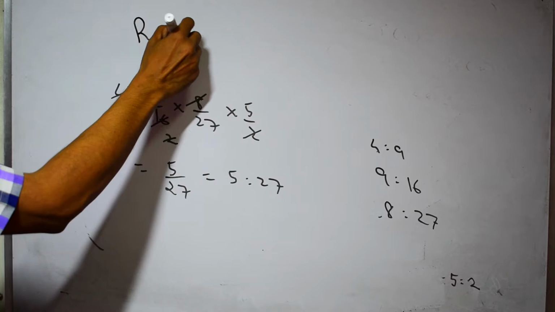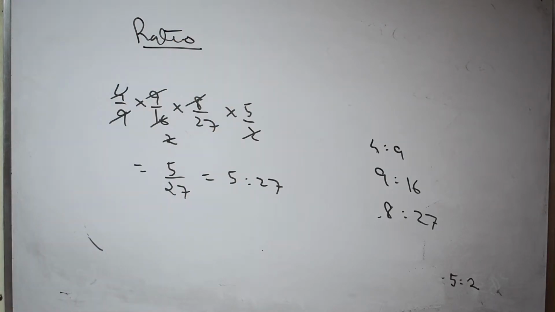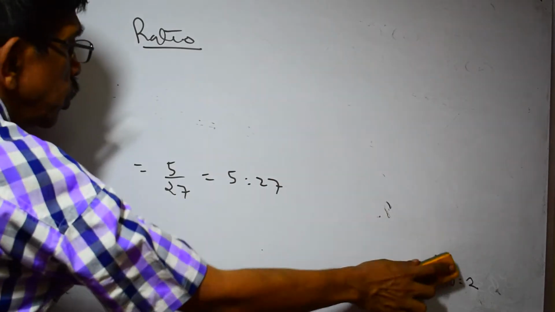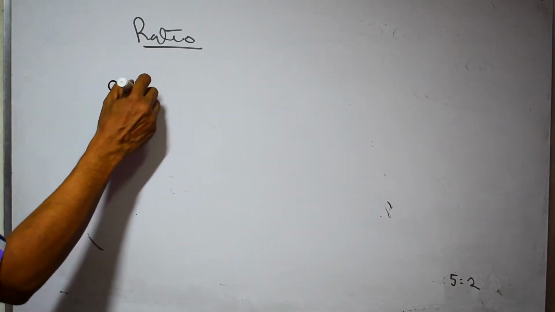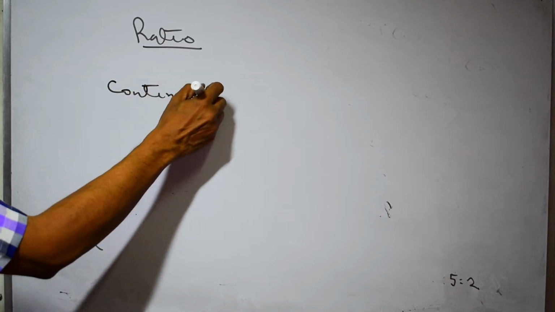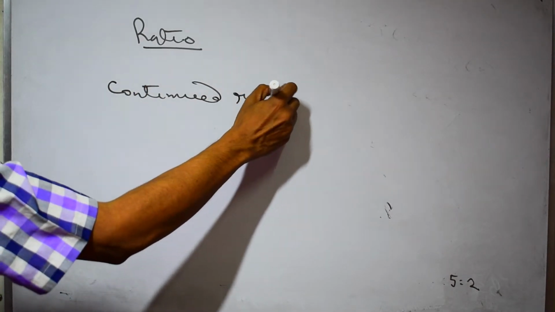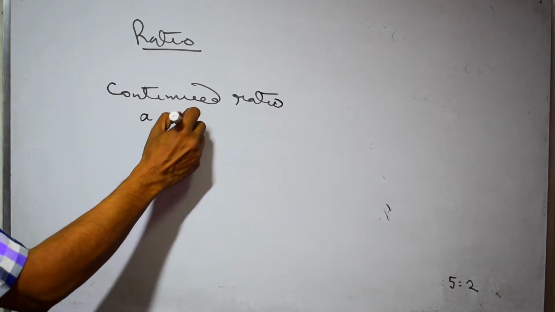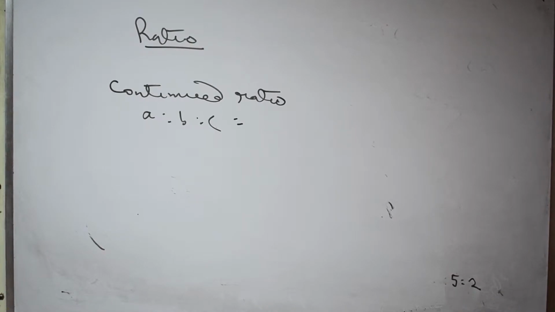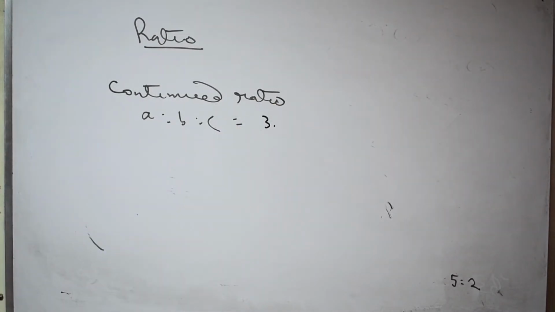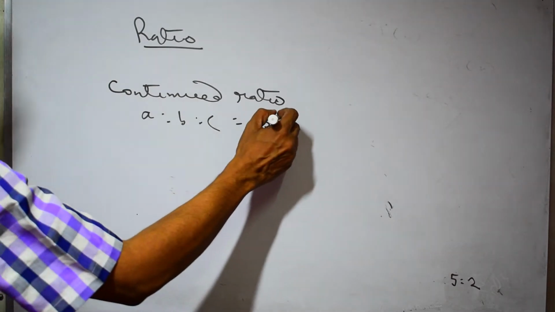So we are discussing the idea of ratio, and this ratio can be discussed in this way also, like continued ratio. Continued ratio is A is to B is to C. Continued ratio means A is to B is to C is given as 3 is to 5 is to 2.